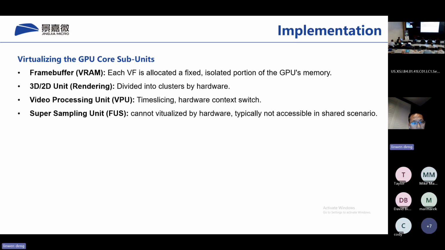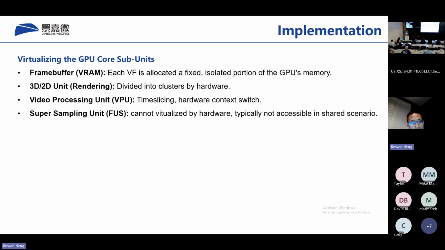So, the most important question: how do we partition the GPU subunits? We can break them down into 4 main categories.